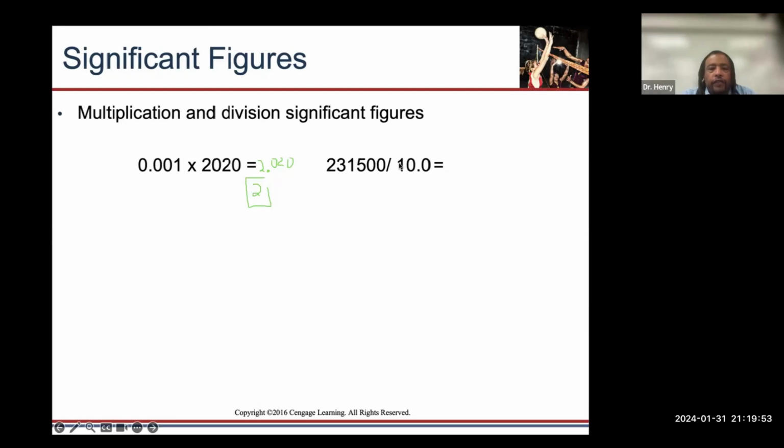Now, here, for division, how many sig figs do we have for this number right here? We have 4. That's correct. So we have 4 sig figs for here. And then here, how many sig figs do we have?